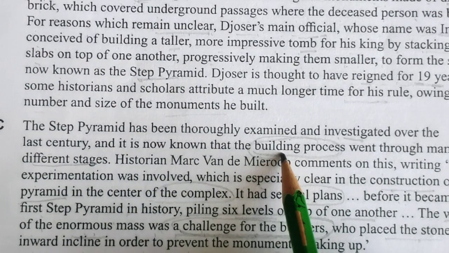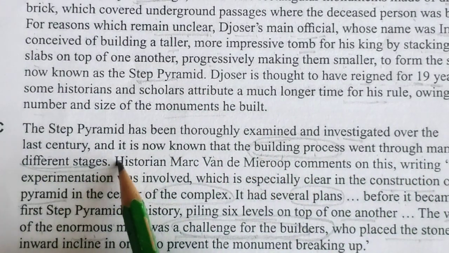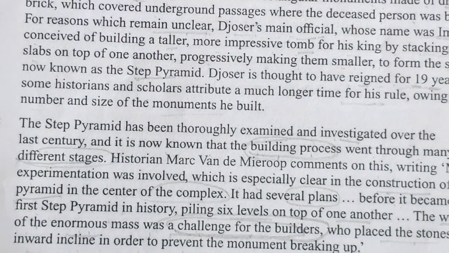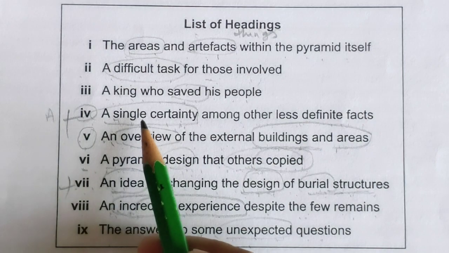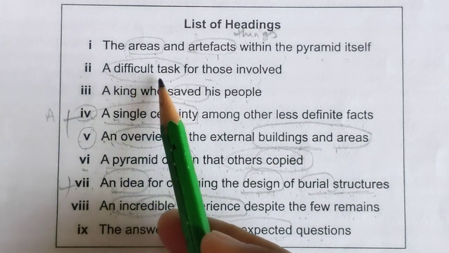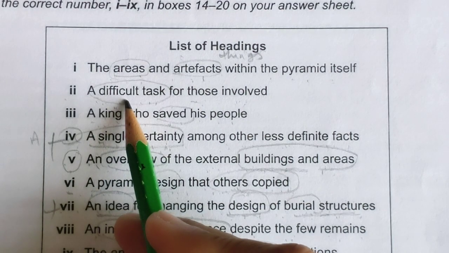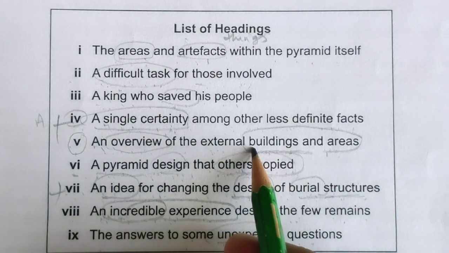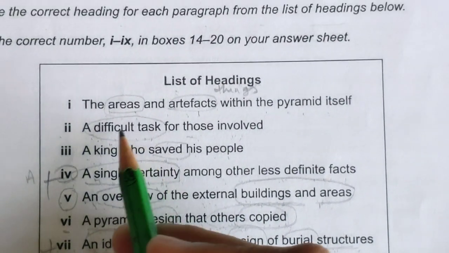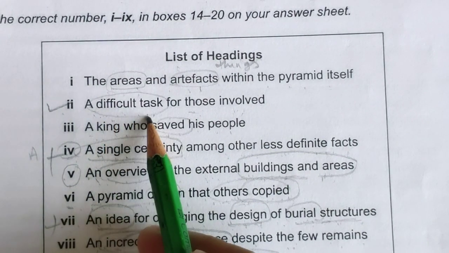So they are talking about the weight of the enormous mass being a challenge for the builders. Initially they were saying it is now known that the building process went through many different stages. So for different stages, I guess the answer is a difficult task for those involved. So it was a difficult task, you can say. Otherwise, I was confused about an overview of the external buildings and areas. So I would be selecting this because at the end they had said it was a complex process.